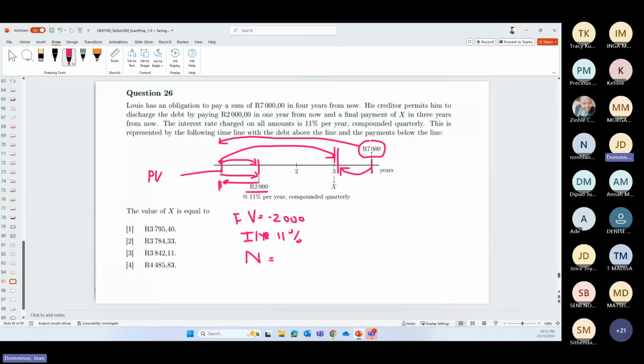I'm going to take out all those scribbles so that we can see it. And they bring that in as well to make it more difficult: times per year is equal to 4. So let's see if we can get the present value for that.